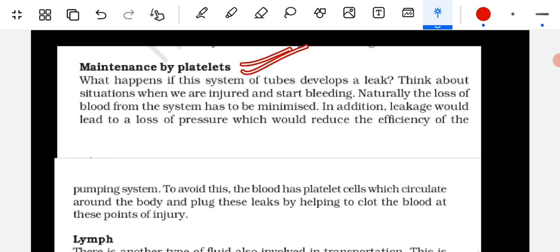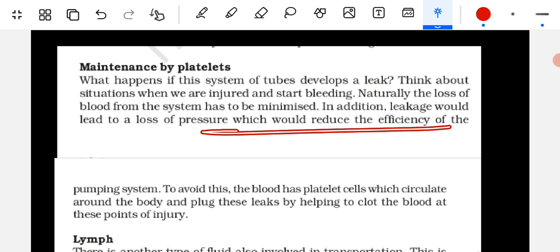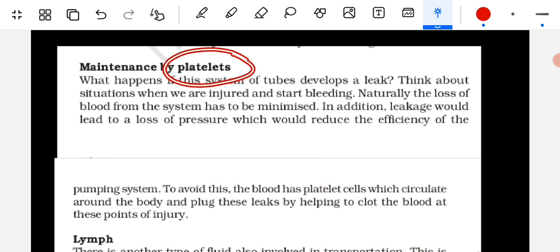So this is the maintenance of the system, and the platelets. What happens if this system of tubes develops a leak? If these arteries, veins or capillaries get injured and develop a leak, what happens inside the body? For that purpose, there are some helpers called platelets. For example, if you got a very small injury and blood started coming, after some time the blood amount will reduce, and after some more time the blood will stop because of these platelets.